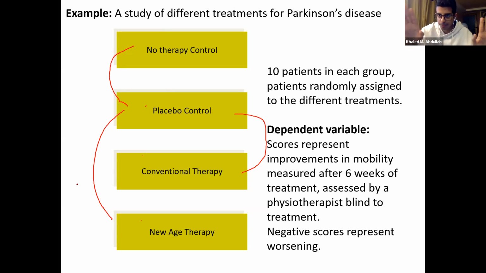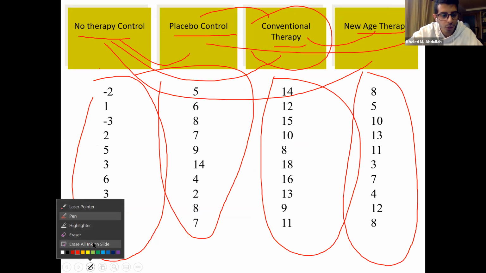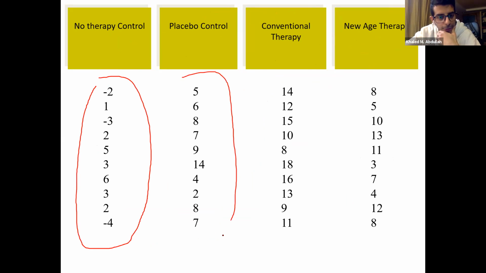Okay, simple. Now, the other technique is called post hoc. Post hoc means after collecting the data, after analyzing the data. You got your F value. Now you pick which ones you want to see based on your data. So for example, here would be me doing post hoc. Oh, hey, look, no therapy got very low marks. Placebo got very good marks.